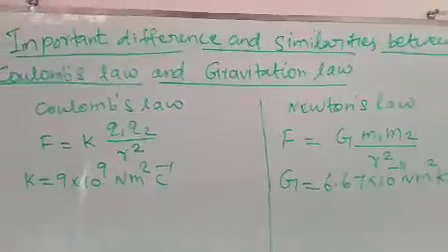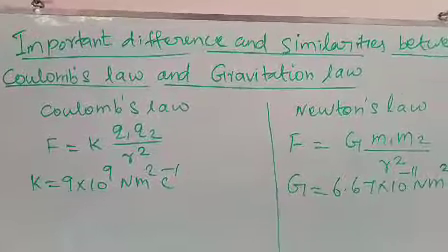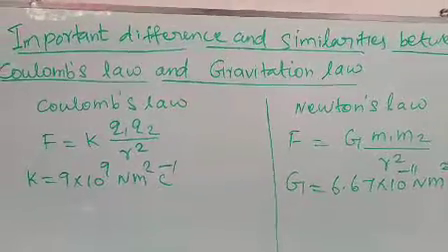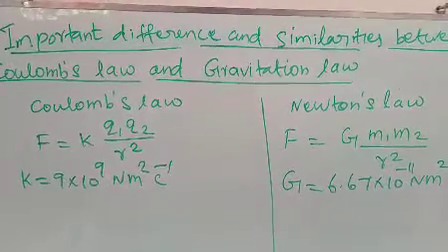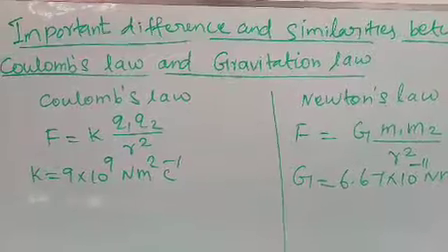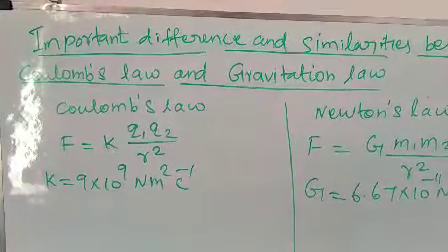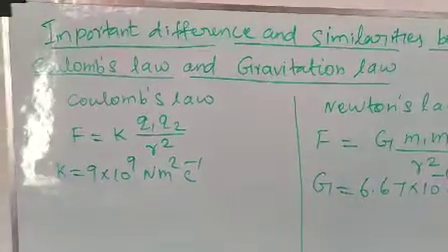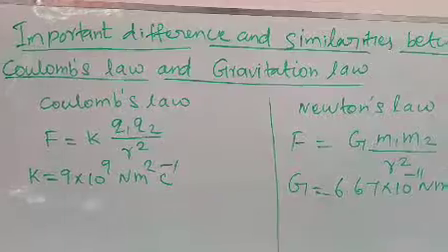So in both laws, Coulomb's law and Newton's law, the force is inversely proportional to the square of the distance. In Coulomb's law, force is directly proportional to the product of two charges.